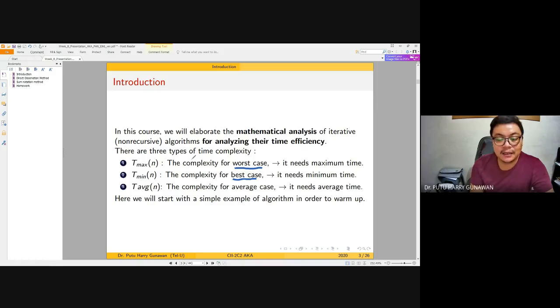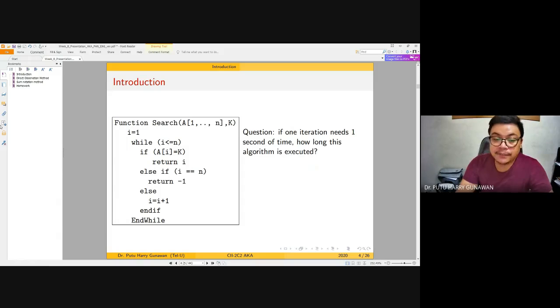So let's see the previous example. Actually, we talk about the algorithm of searching. Look at here, this is the algorithm of search: search the number k in the array a, of size 1 until n.